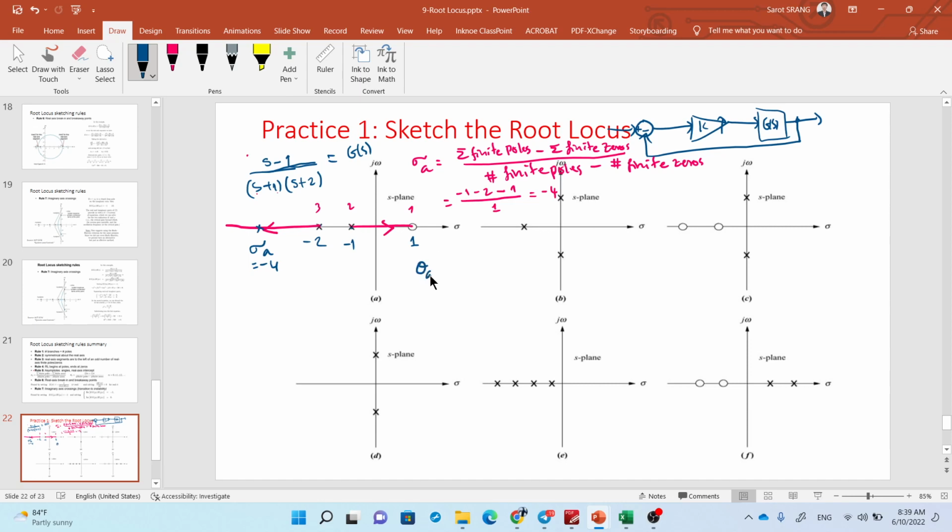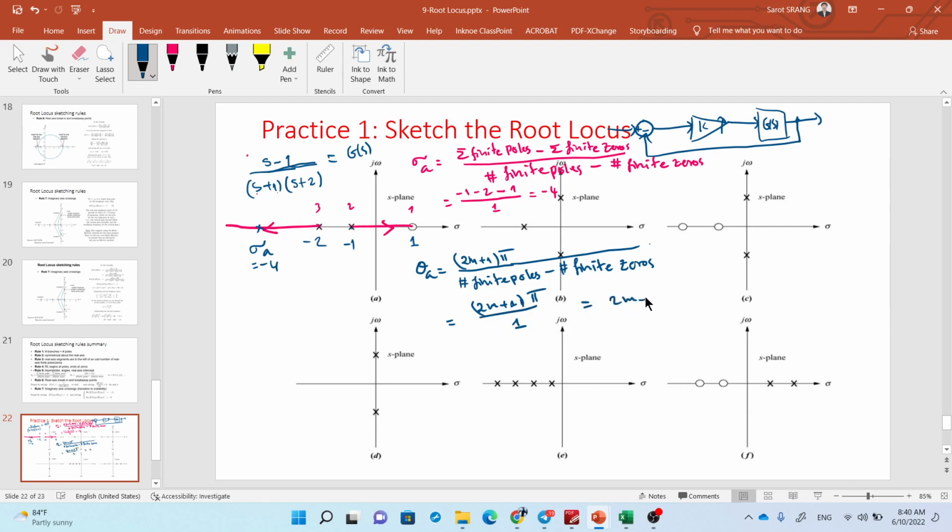Then I calculate theta A equal to 2k plus 1, maybe we use m because we have k here, times pi over the number of finite poles minus the number of finite zeros. Which means (2m plus 1) pi over 1.